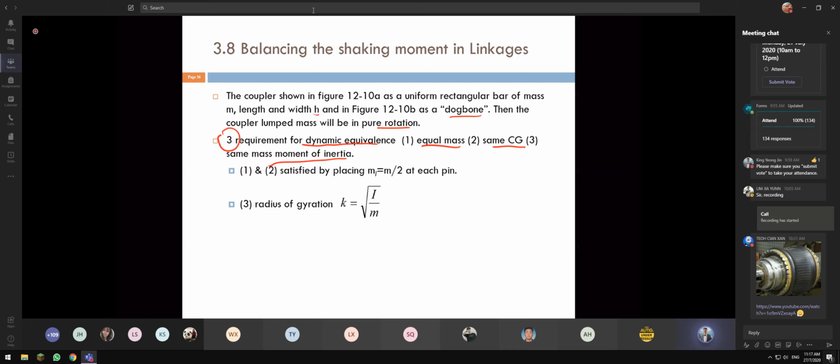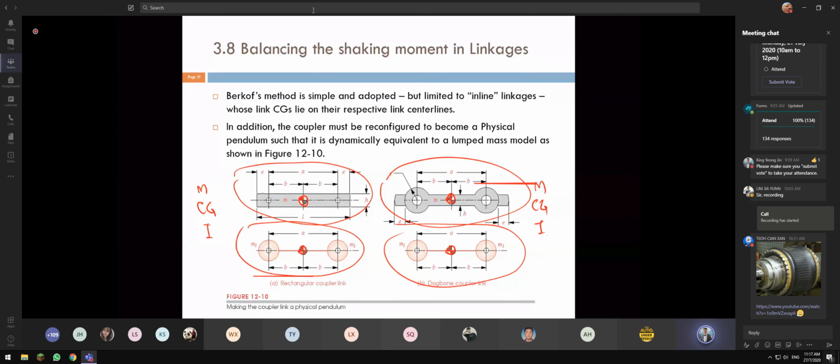The first two requirements here can be easily fulfilled or satisfied by just placing the mass at each pin. If I take m divided by 2, meaning m1 is m over 2, I put m over 2 here, m over 2 here. You will get the same mass and same center of gravity.